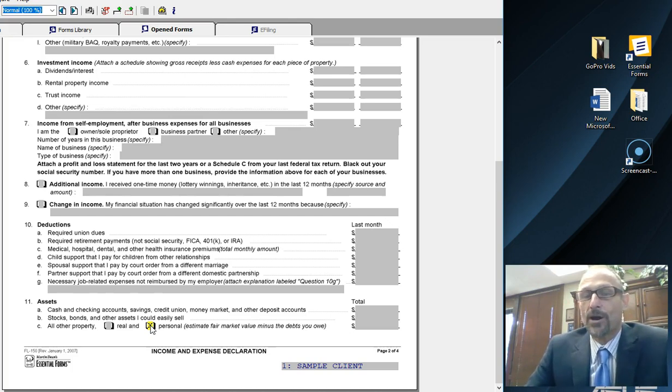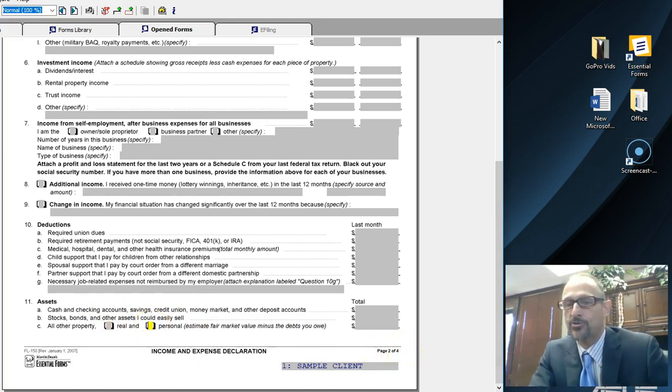So that's personal property. A dog is personal property, sorry to say. So you're going to name all the value of those, if you have real estate and obviously personal property. If you have a toothbrush, you have personal property. So you're going to mark both of those if you have real estate also. And then, again, try to be as complete and correct on that value as you can.